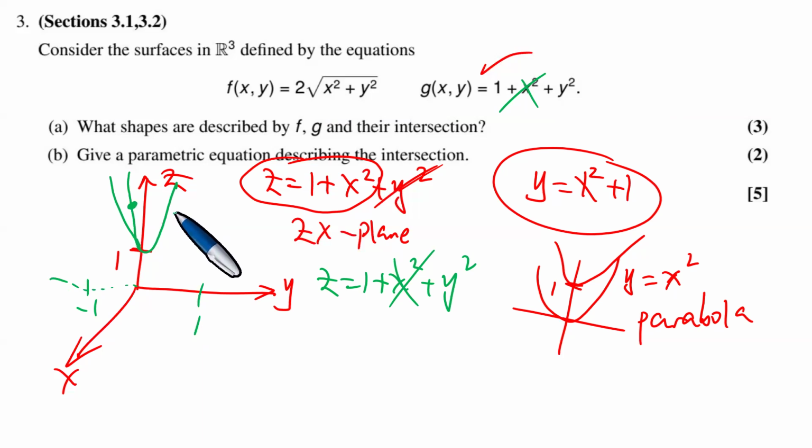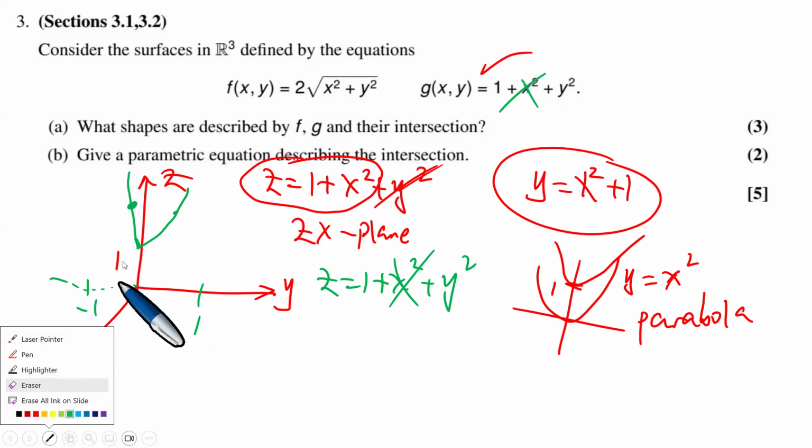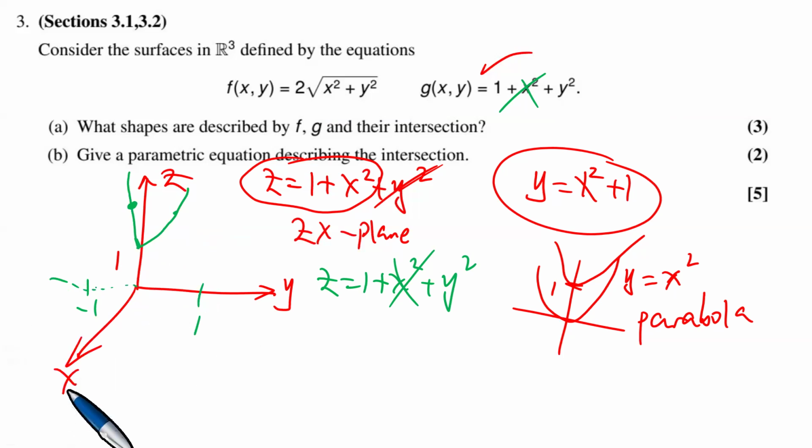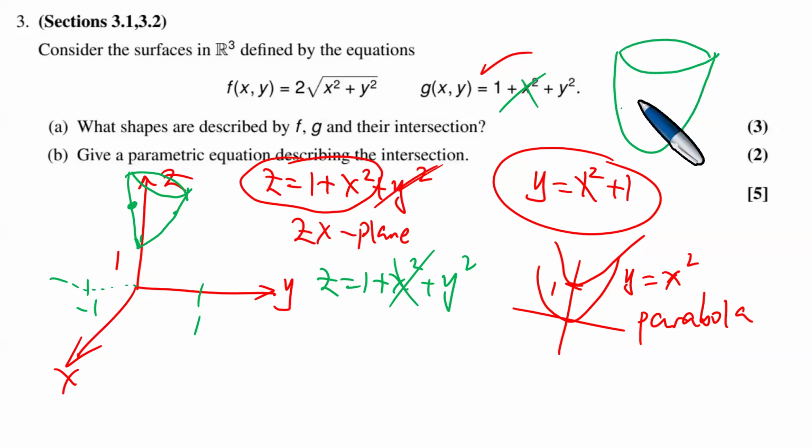So we're going to have the graph like this. This is not tidy, but it gives us the idea that we need. So in the end, the kind of graph we're going to have here is that one. So we therefore have this graph here, and then we have this here.